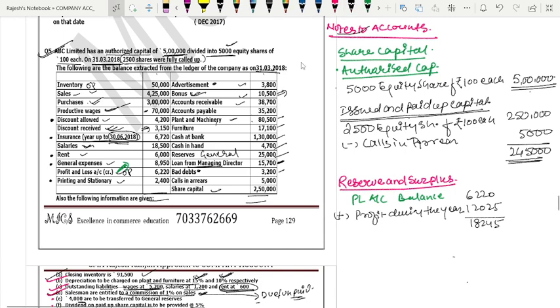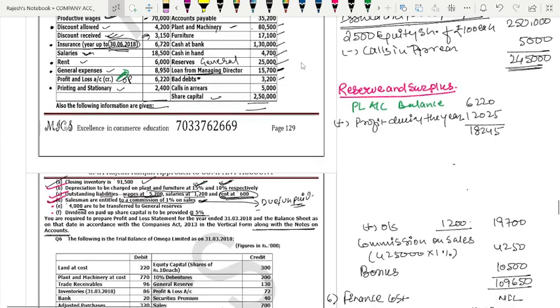Now they have given you in the adjustment. First one is transfer to GR 4,000.